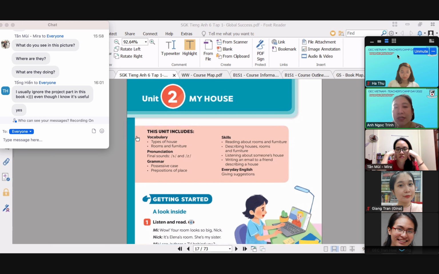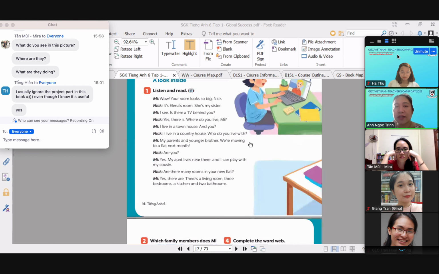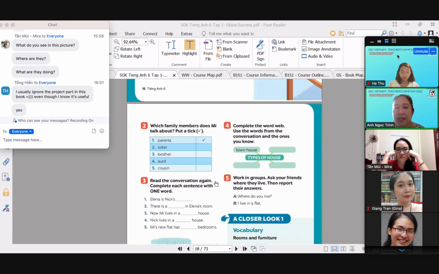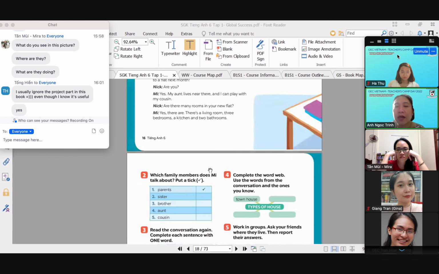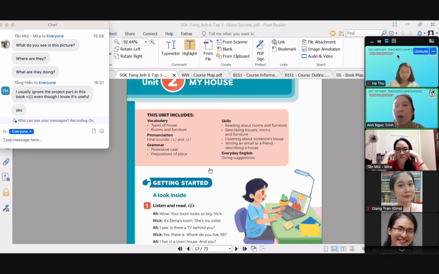So from here, you can see that the authors put the content areas here: the vocabulary, pronunciation, grammar, skills, and they put the listening and reading. And in here, you can see it's a lot of activities. So I want to ask you, do you see any ways from the textbook that can help you organize the ideas, organize the activities? It means, do you see any ideas for your process?